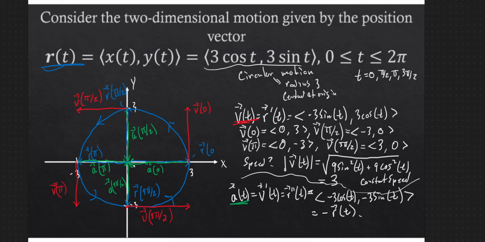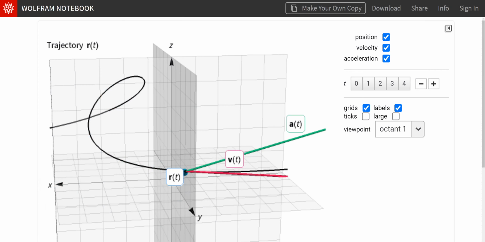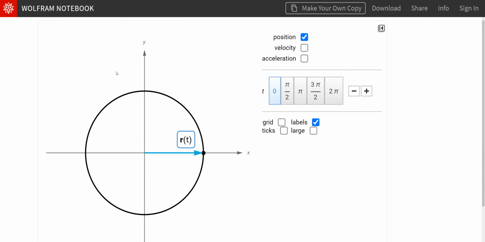One last thing I wanted to show you. I wanted to jump to another interactive figure. Just the same one we just did, the circular motion, circle of radius 3, centered at the origin. I just want to plot exactly what we had just drawn, but off the special angles, and just see how it looks when we're in between those 4 points that we picked out.